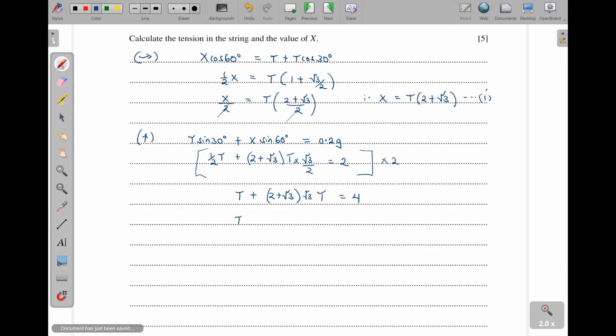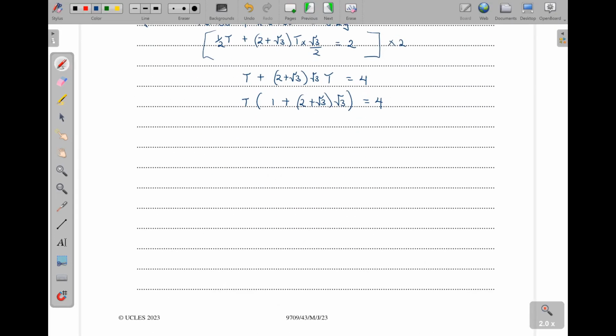Now t is common, I can factorize it: (1 plus 2 plus root 3 times root 3) t is equal to 4. Then making t the subject, t is equal to 4 over (1 plus root 3) into (2 plus root 3).